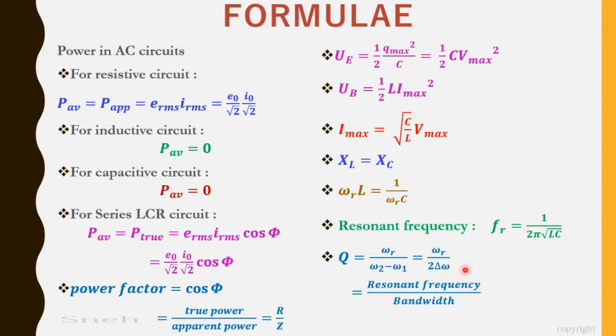Here I have angular frequency, here I have frequency, which we can write as fR divided by 2 delta f also. Whether I am writing in words or in symbols, that is the matter. Again, one more formula for Q we have seen, that is in terms of VR upon VL or VR upon VC. That I'm not writing here, but if you want to solve numericals related to that, you can add that in your list also.